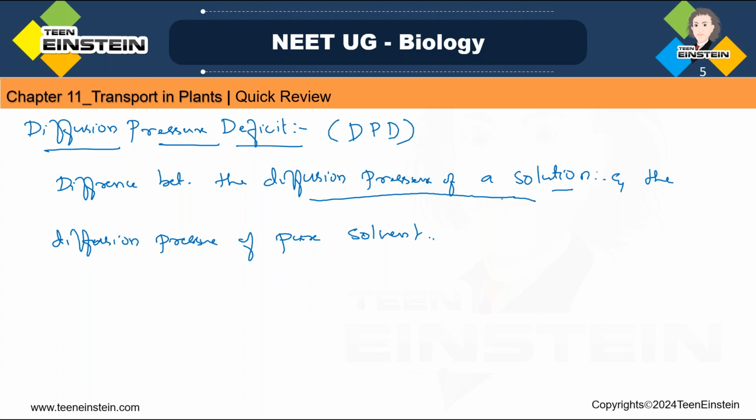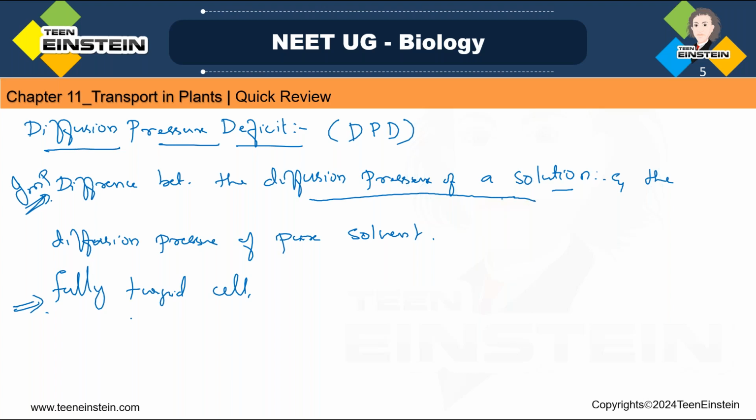So in a fully turgid cell, what is the diffusion pressure deficit? That is very important. It's a previous year question. While explaining the concept itself, I'm solving all the questions.